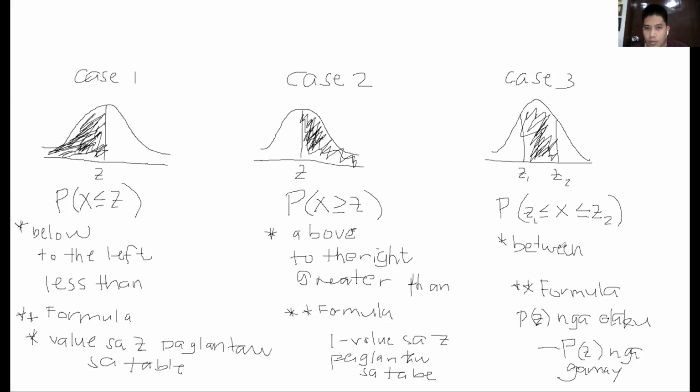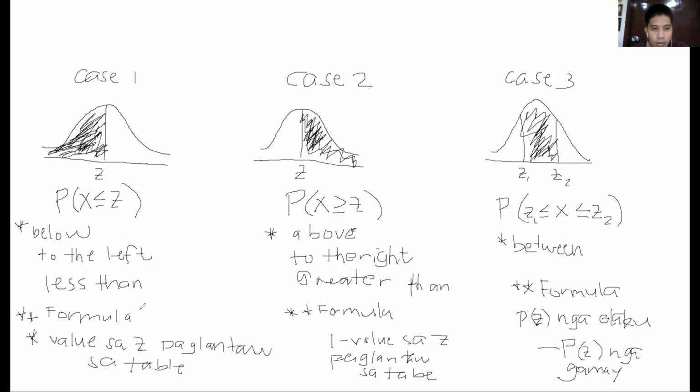So sa case 1, ang atong buhaton is, ang formula ani, kung makikita ta ni below, to the left, or less than nga mga keywords, ang formula nga to ang buhaton is paglantaw na to sa table dito, ang value sa z, paglantaw sa table. So mao na to ang ato ang probability of x. So dali ra kayo ang case 1.